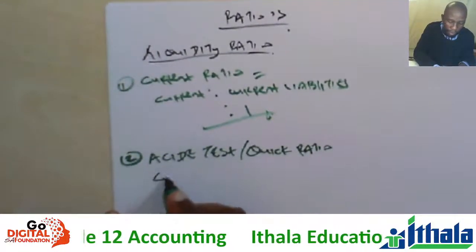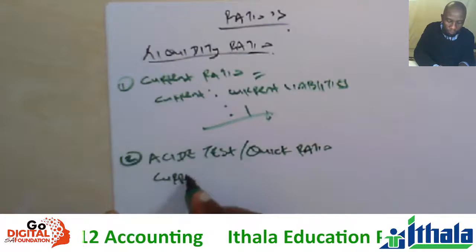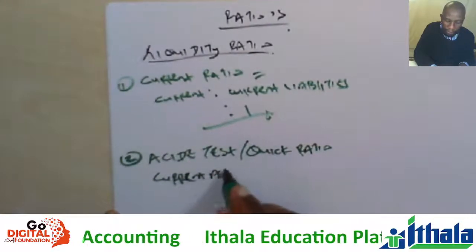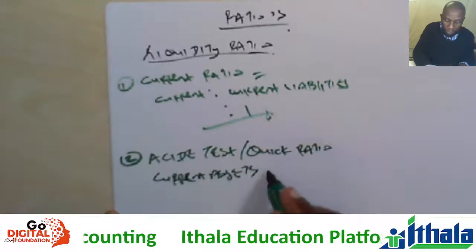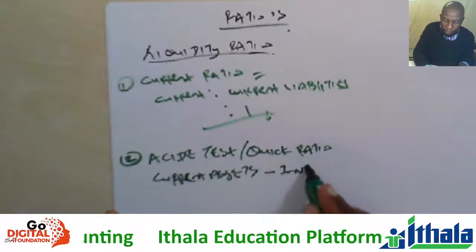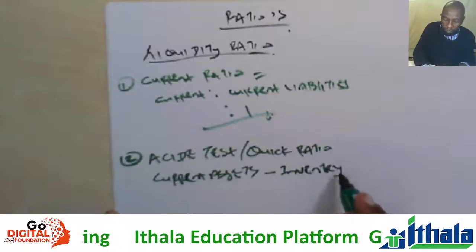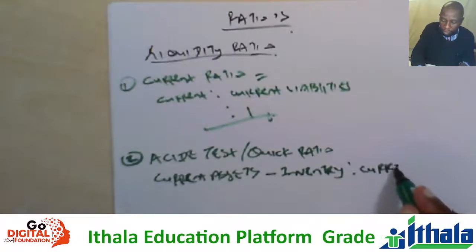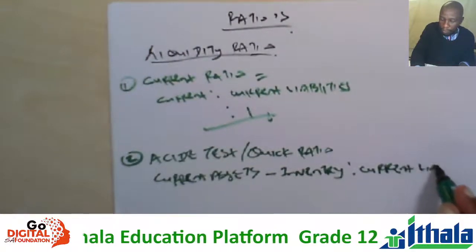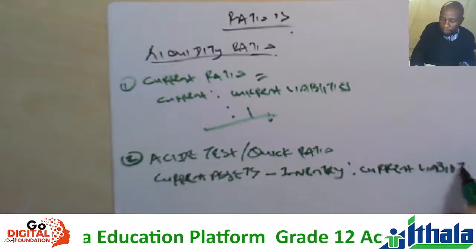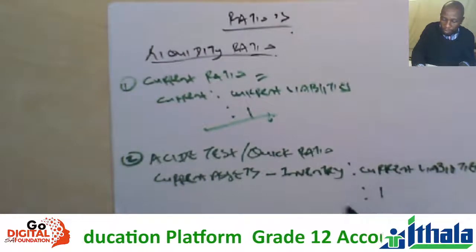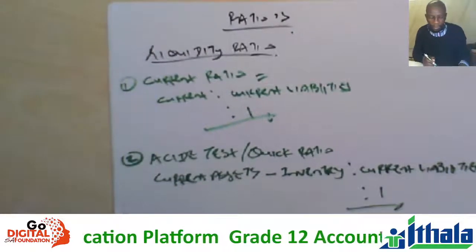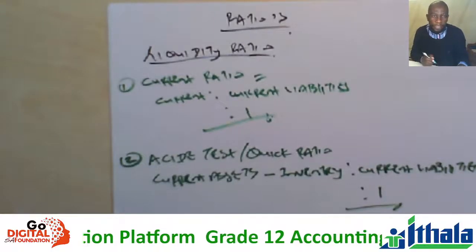So we are saying here current assets less inventory is to current liabilities. Something is to 1 even there, but we'll come back to the commentary.